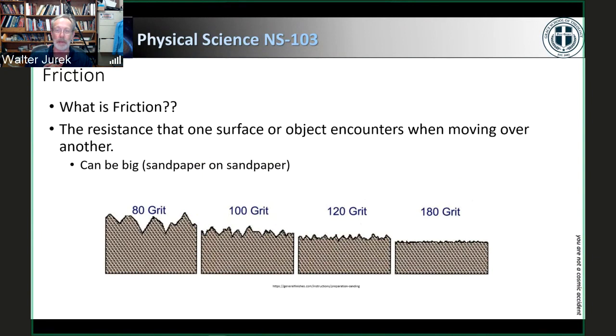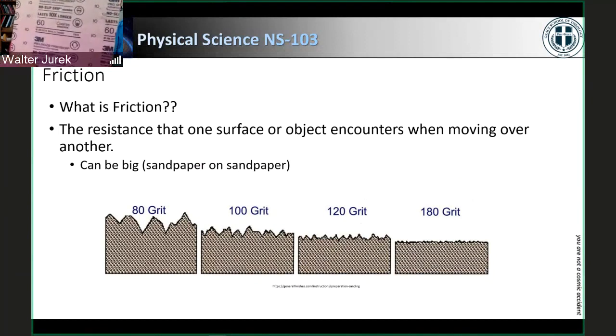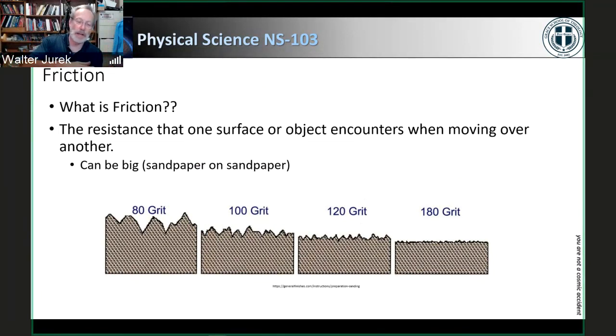Okay? But if you take 80 grit sandpaper, oh wow, look, check this out. I got 60 grit. So very rough. Okay? If I got 60 grit over 60 grit, guess what? I got lots and lots of friction here.